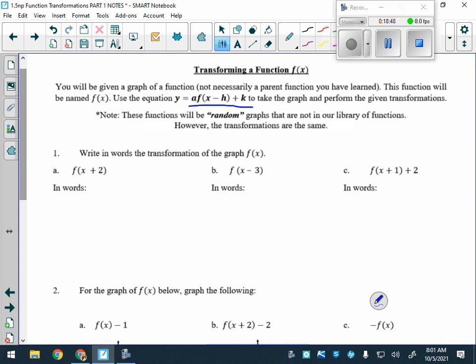So if I see f of x plus 2, what does that mean in terms of transformations? So if I had x plus 2 squared, what does that mean? Good. Left 2. So the random function is just moving to the left 2. How about B?